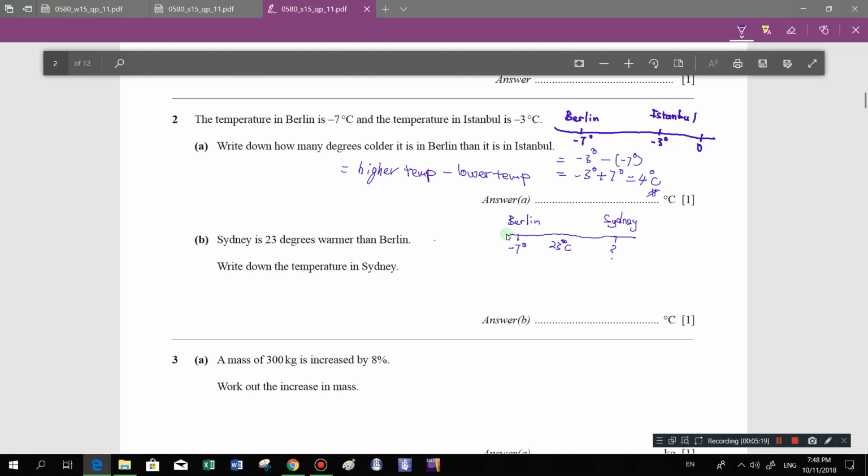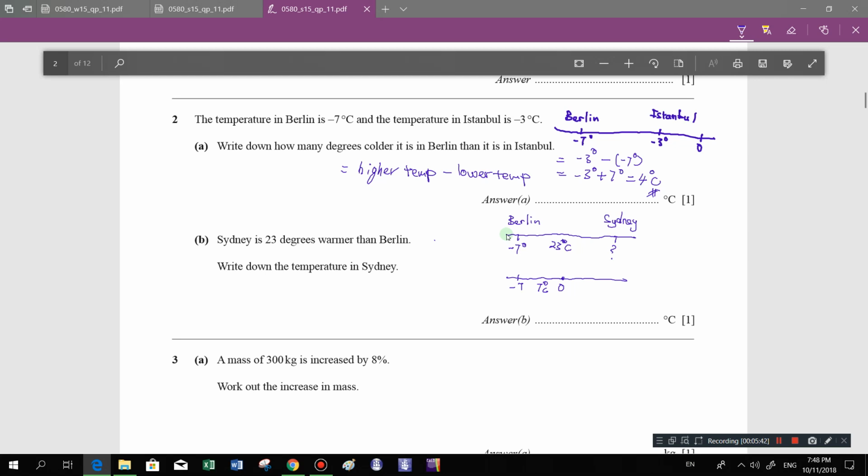Now, let me redraw the line. If this is minus 7, here is, let's say, 0 degrees. So there will be a 7 degree difference. So 23, if you minus 7, how many remain? You will have 16.